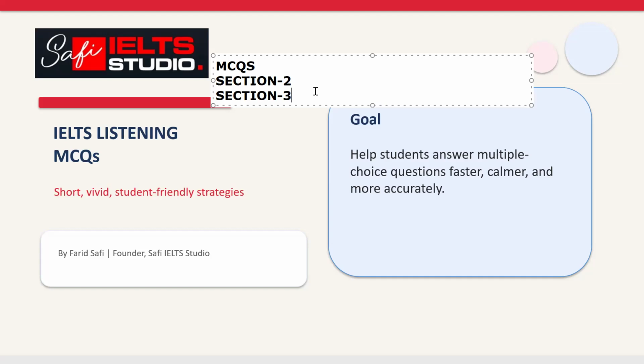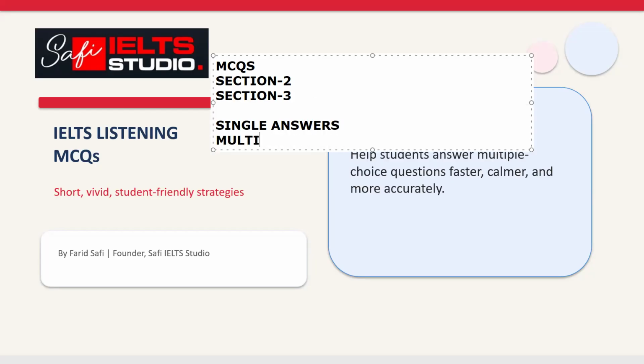And these MCQs can be of two different types: MCQs with single answers, and MCQs with multiple answers. Single answer MCQs means you will have only one question and one answer, one option you need to select.